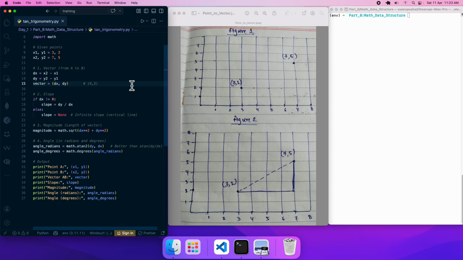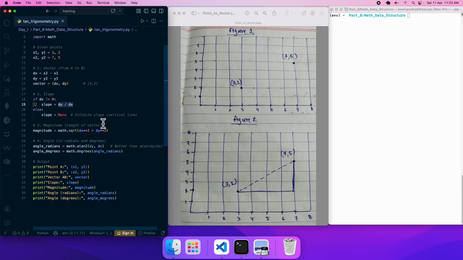Now a small verification we have to check, before we move to the slope, is that dx is not 0, right? So if dx is not equal to 0, then we can find the slope, and that's what we are doing right over here. When we find the slope, we know the formula: y2 minus y1 divided by x2 minus x1, right? We have already got dy and dx.